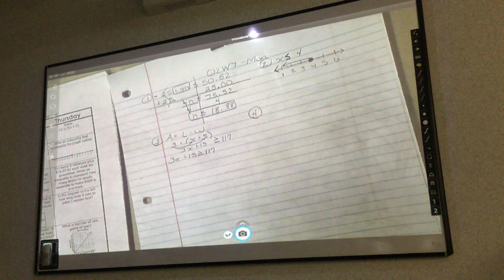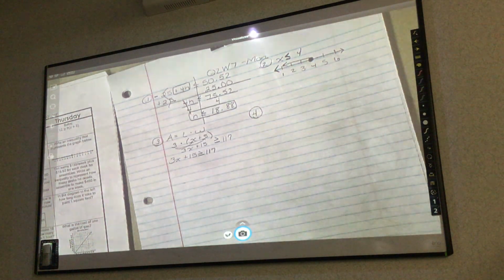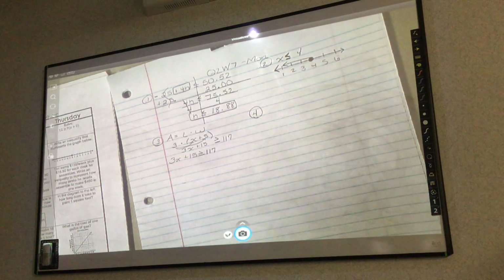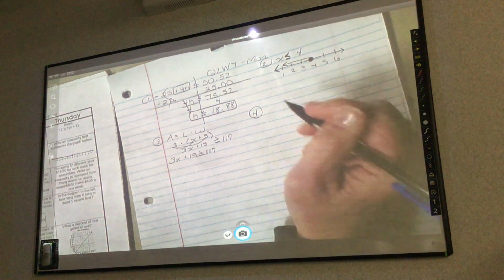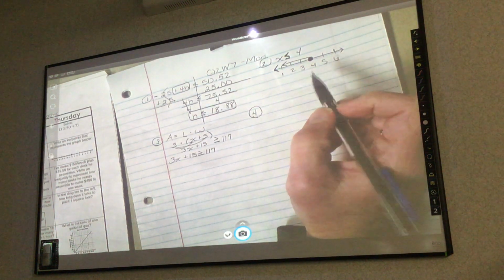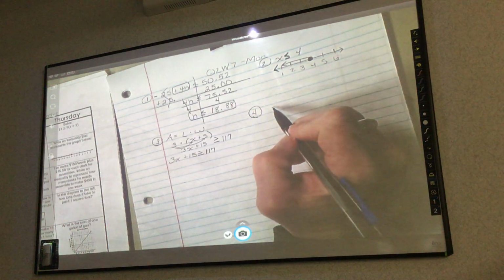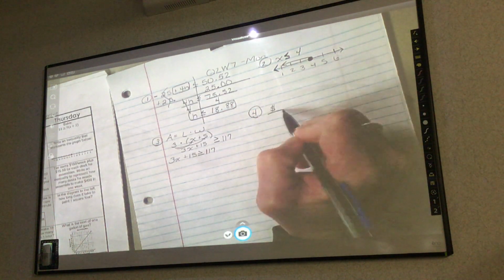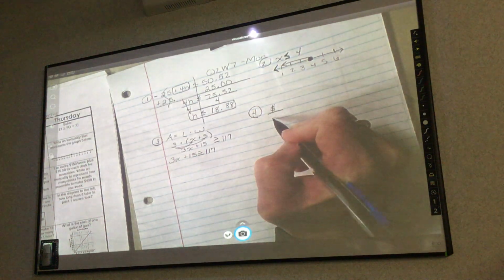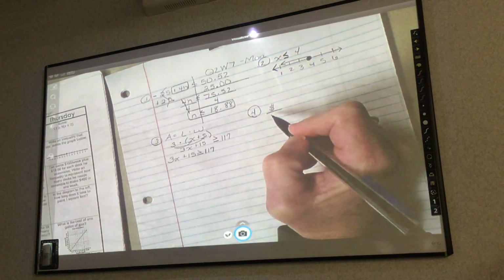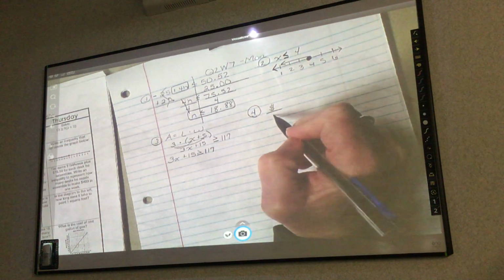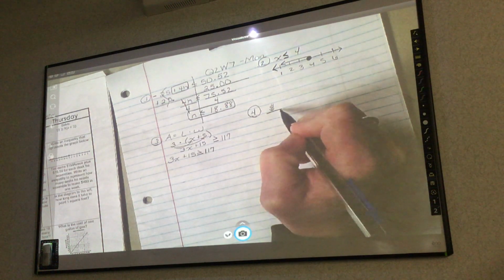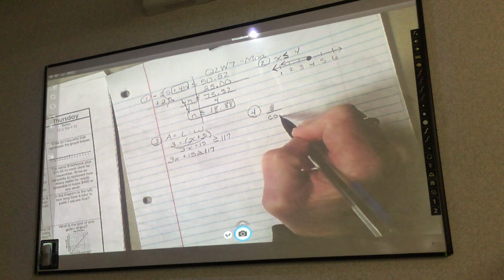Number 4, a 12-pack of soda is roughly $3.75. What is the cost per can of soda? That's what we're working on, which is about ratios and rates. It would be cost per soda. It says, what is the cost per can? So it's cost per can.